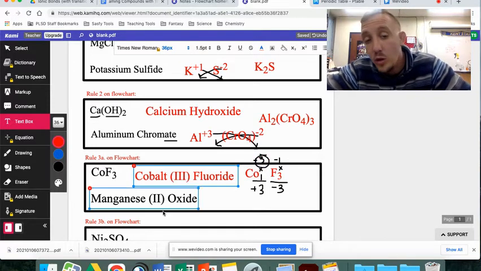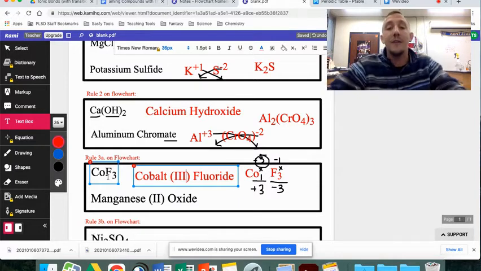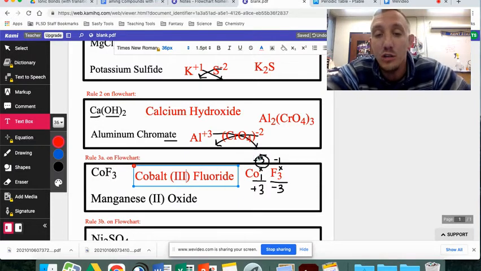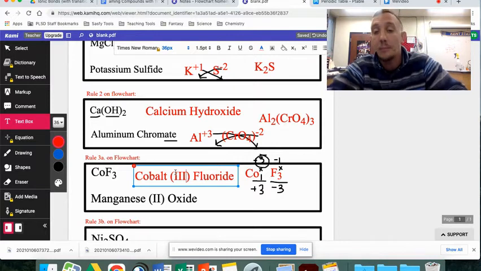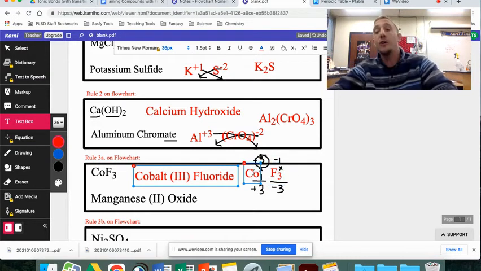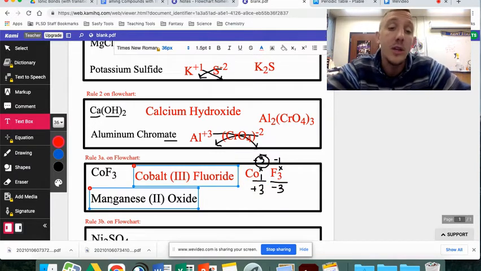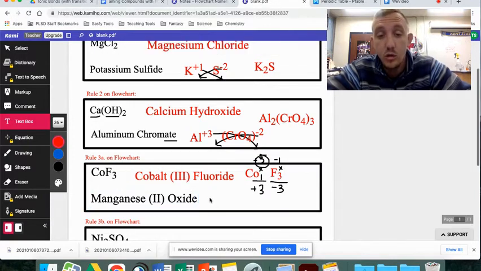When you are given the chemical formula, you might struggle a little bit because you have to solve what the charge is so you can write it in the name. I've given you how to solve for the charge. The other one is a little easier because I've already given you the Roman numeral. You just have to know that's telling me the charge.